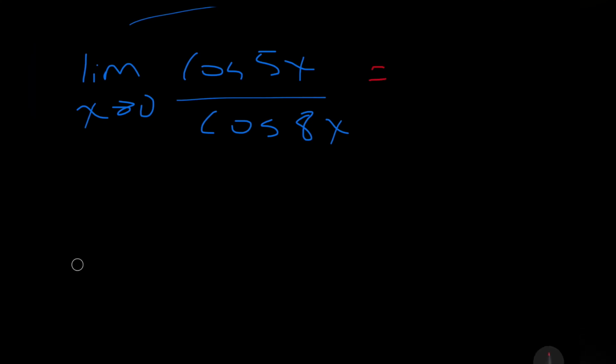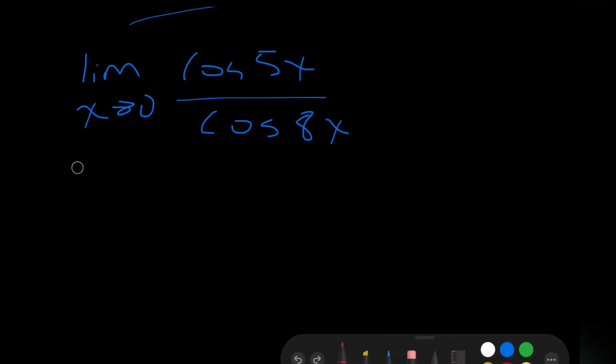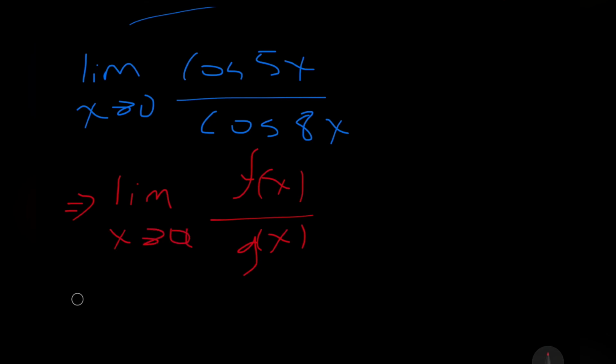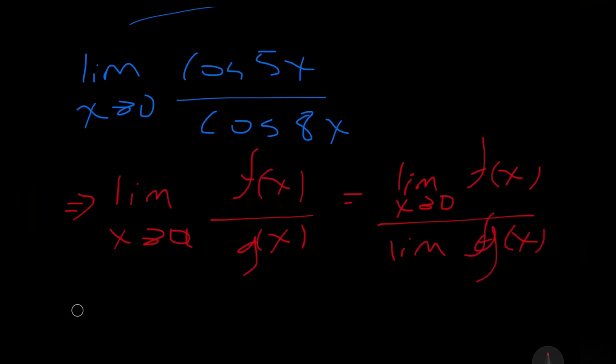From limit theorems, we know that the limit of f of x over g of x as x approaches a is the same thing as the limit of the function f of x as x approaches a over the limit of the function g of x as x approaches the point a. So that will be the same thing that will be applied here.